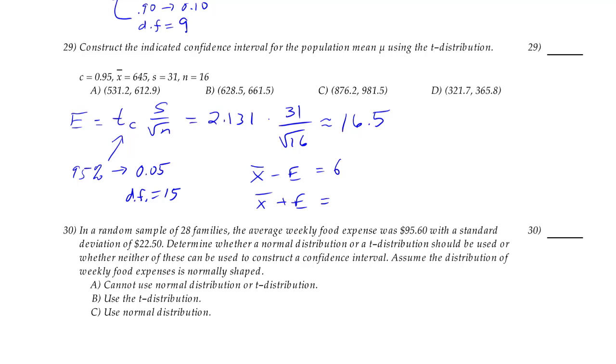It was 645 minus 16.5 and 645 plus 16.5. That is going to give me 628.5, and here we're going to get 661.5. There's your answer.